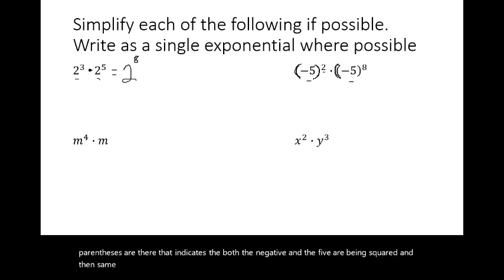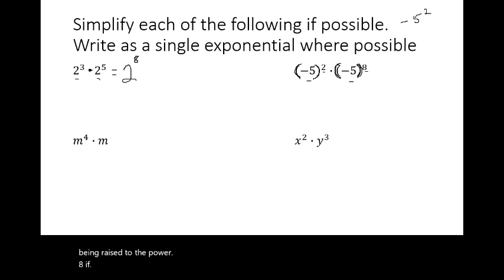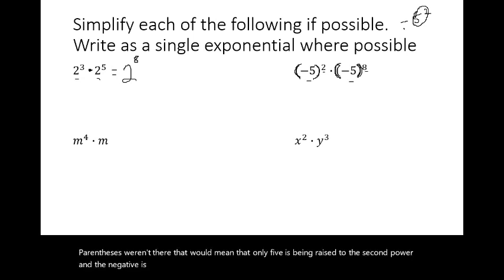These parentheses indicate that both the negative and the 5 are both being raised to the power 8. If the parentheses weren't there, that would mean that only 5 is being raised to the second power and this negative is considered separate, because if you remember order of operations, exponents come before multiplication.